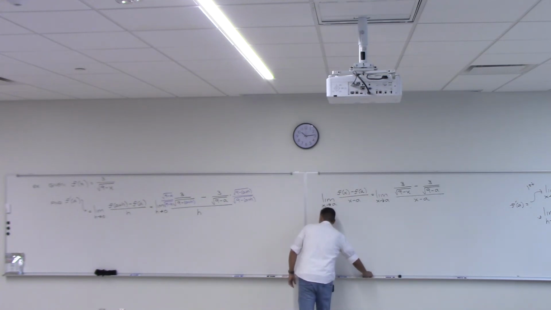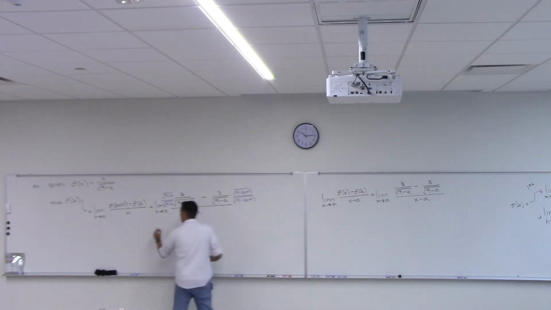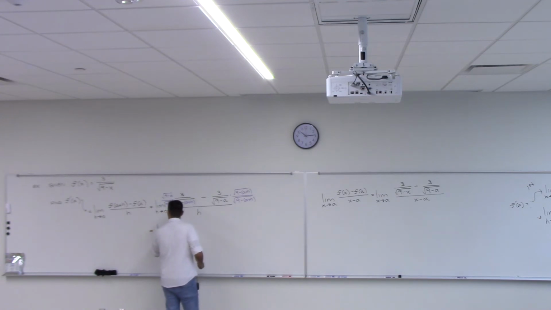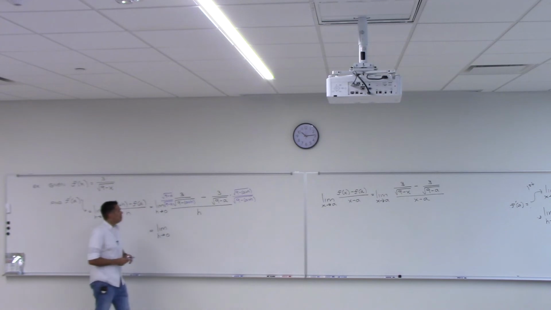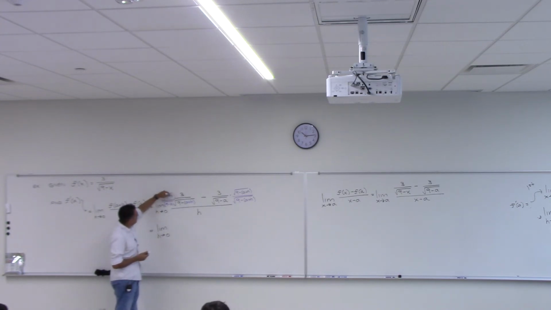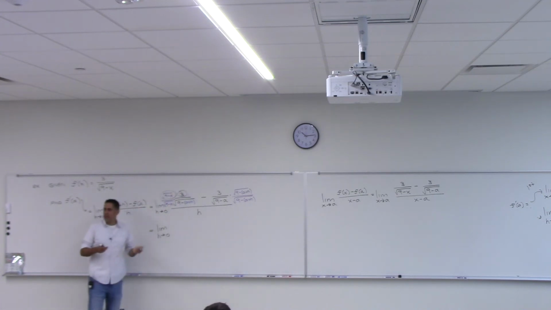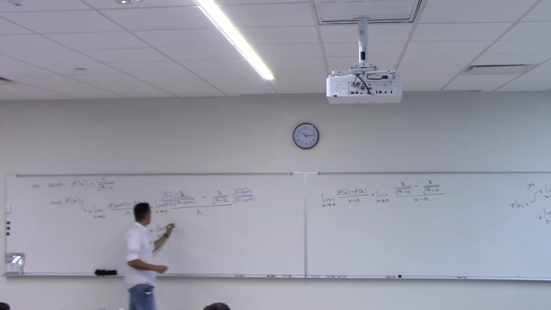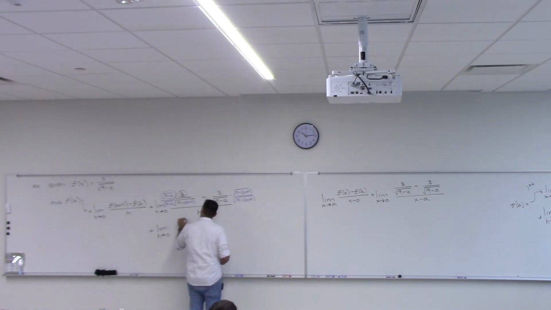All right, let's see if we can handle this. Limit as h goes to 0. When I do the left top right here, I'm multiplying these. I have to multiply this times 3, so that's just going to be 3 sitting in front of that root: 3 square roots of 9 minus a.